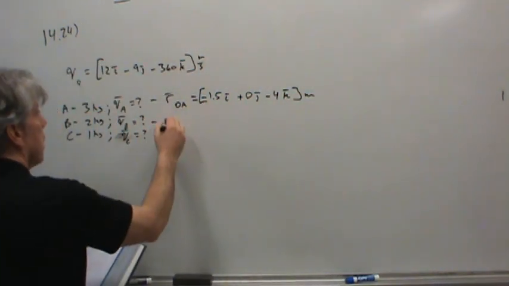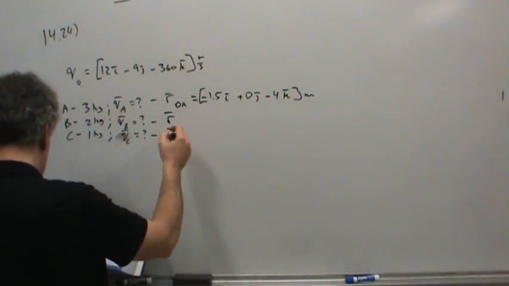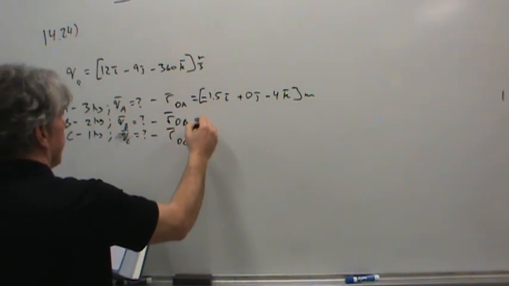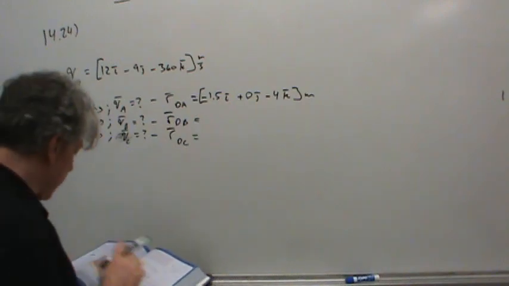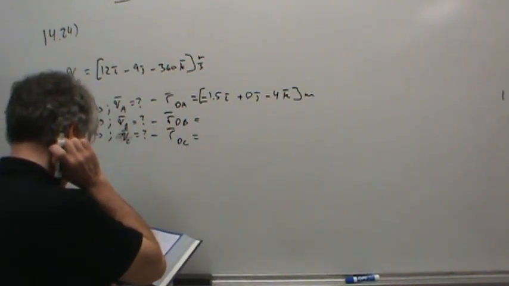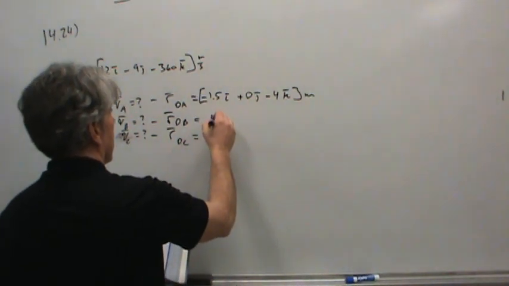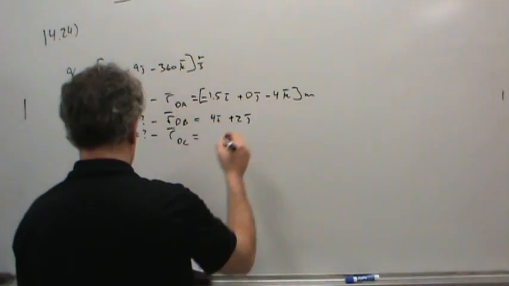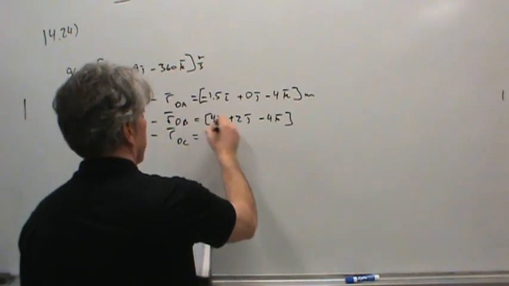Let's do the same thing for the other position vectors, to get from D to B, and D to C. Why am I doing this? Well, I'm going to try and get unit vectors from these, which will indicate the directions of the velocities. Okay? So from D to B, in the X direction we've gone over 4 meters, so plus 4i, gone up 2 meters, plus 2j, and of course negative 4k by the time we come back to the wall.